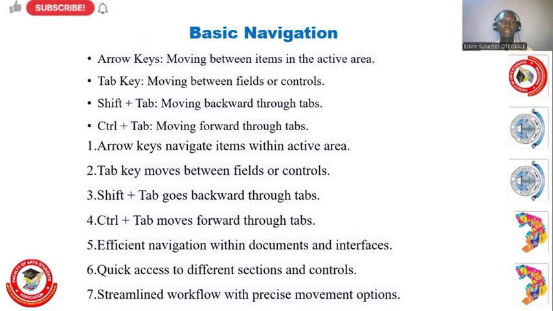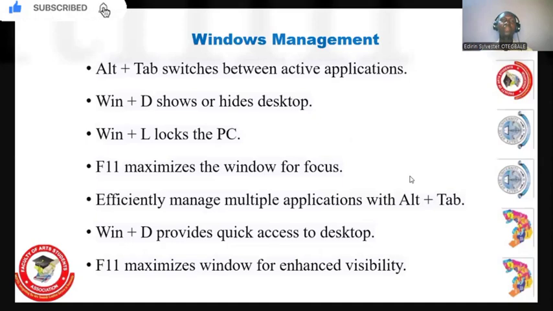The Tab key helps us to move between fields and controls. We have Shift plus Tab that goes back and forth. We have Control Tab. And all these ones help us to be efficient in navigating within documents and interfaces. That is what these keys help us to do. We have quick access to different sections and controls, and once again, they also streamline our flow and help us to be precise in our movement.